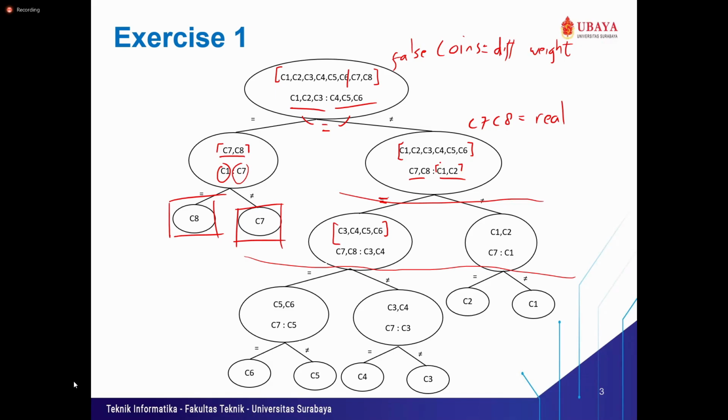If not, then one of 1 or 2 is a false coin. Then you just need to weigh it with a real coin. If it's equal, C1 is real, so C2 is the false one. If it's not the same, C1 is the false coin. Done.